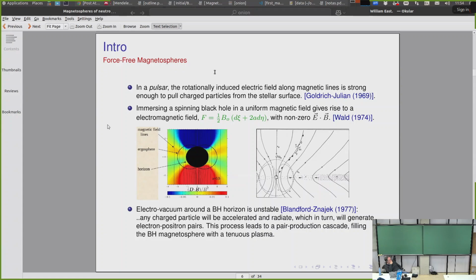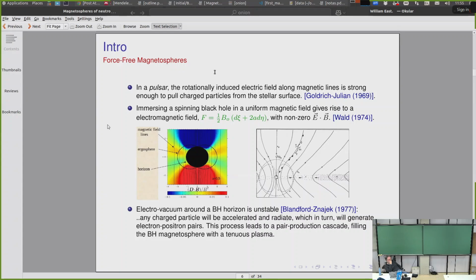And this process, as I mentioned, self-regulates in the sense that as long as you have enough plasma, then you will screen this electric field that was accelerating the particles, and you will no longer produce further particles. So that also makes it possible to justify that the plasma will remain dominated by the magnetic field, because the plasma, compared to the energy of the magnetic field, will remain very tenuous and made of very light particles.